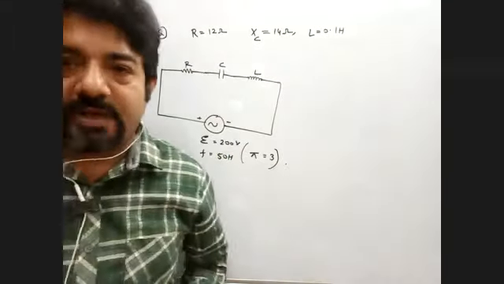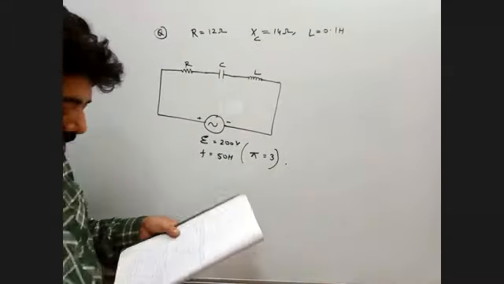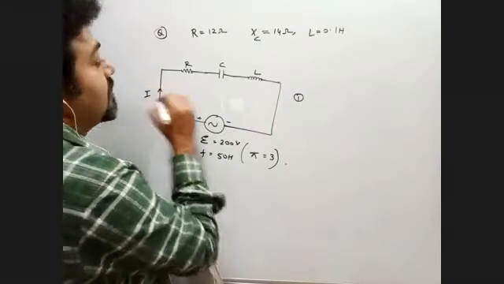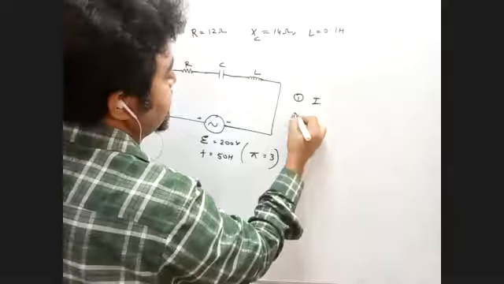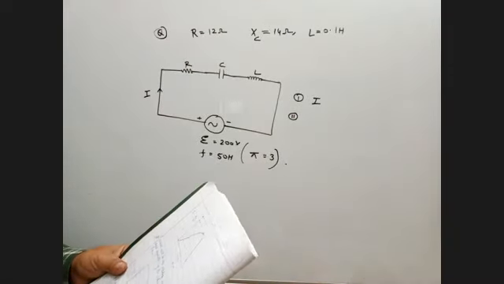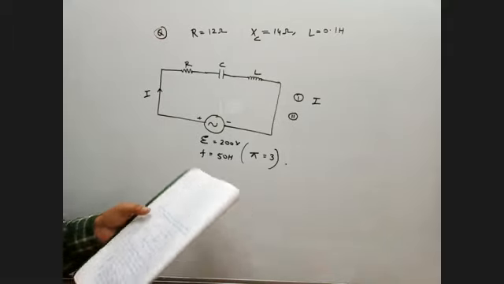Calculate number 1, the current in the circuit, so you have to find I. Number 2, the phase difference between the current and voltage.